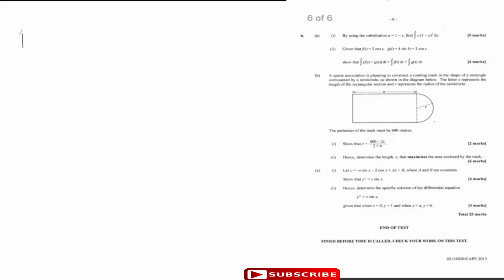So I like to call my integrals I. So let I be equal to, well, it's an indefinite integral, the integral of x times (1 minus x) squared. I'm going to use substitution.